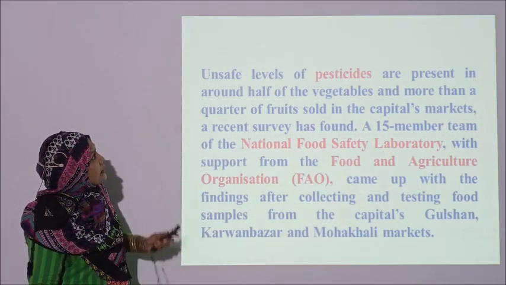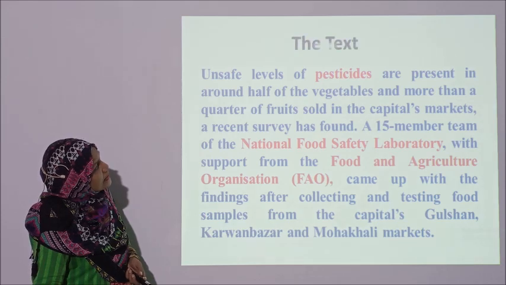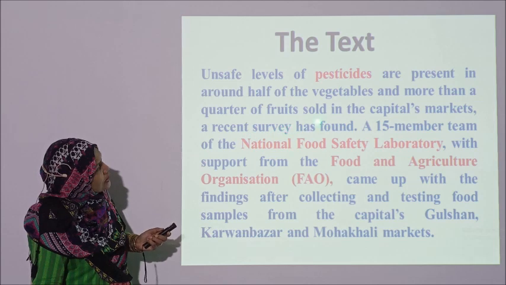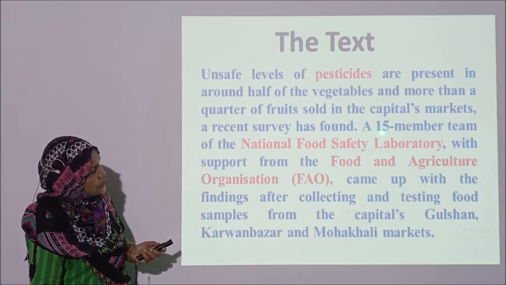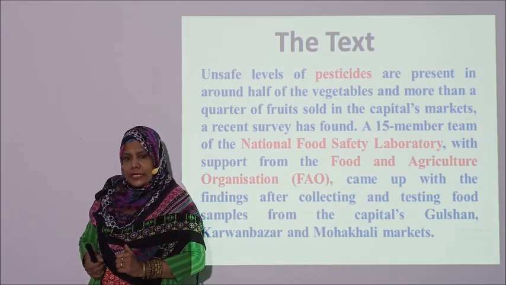Now we will see the text. Useful levels of pesticides are present in around half of the vegetables and more than a quarter of fruits sold in the capital's markets, a recent survey has found. The text says useful levels of pesticides are present.